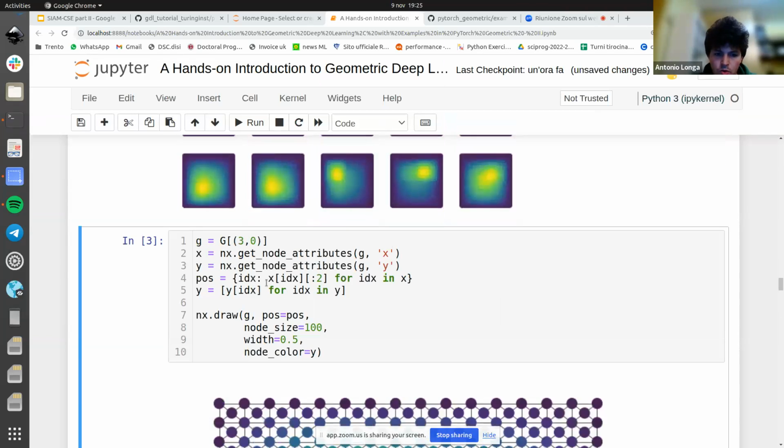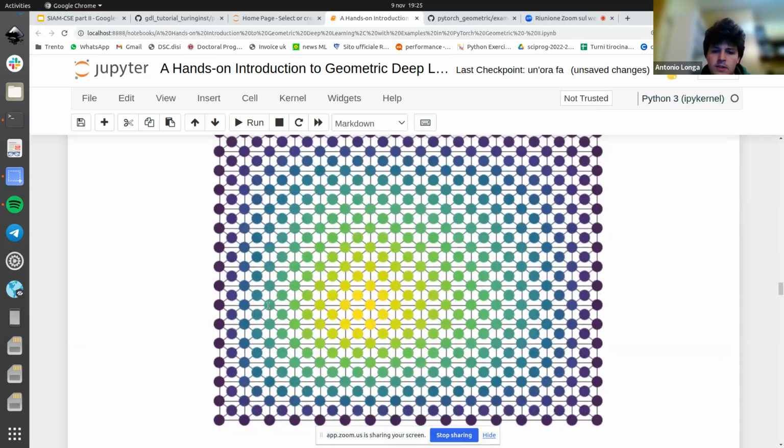Here is the plot I was showing before. Let's zoom in on one graph. As you can see, it's easy to see that it's a mesh, and then we can use it with a GNN. The color here represents the value on the node, the value that you would like to predict.